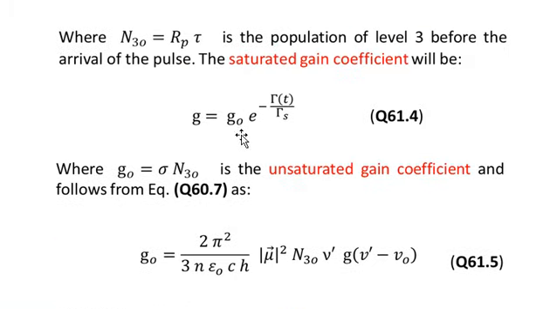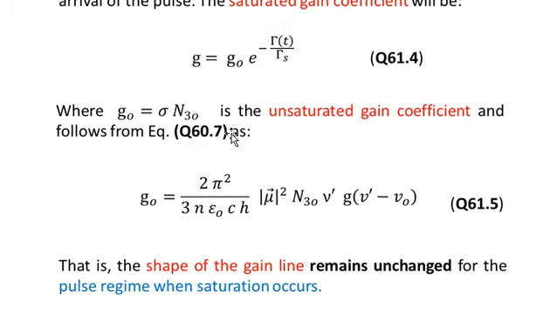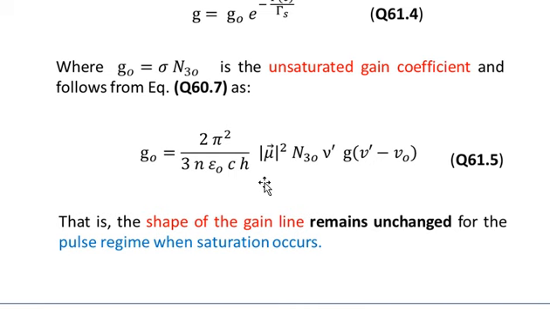You see that this is the gain in the case when the pulse duration was very short. The gain coefficient is given by G is equal to G naught e to the power minus gamma of t over gamma s. This exponential function is a decaying function, but the main profile is determined by the function G naught, which is given in equation number 61.5.